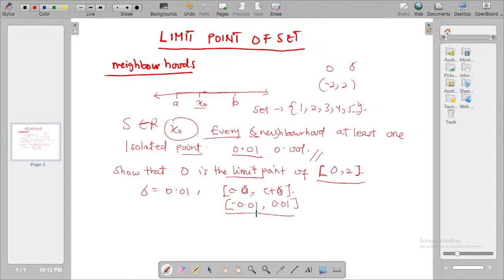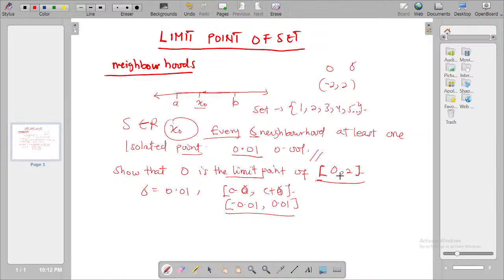Now from the new interval, we ask ourselves, do we have members of this set within this new interval, from negative 0.01 to positive 0.01? As I said, for every interval you have infinitely many members. You can't list all the members from 0 to 2 in this set.